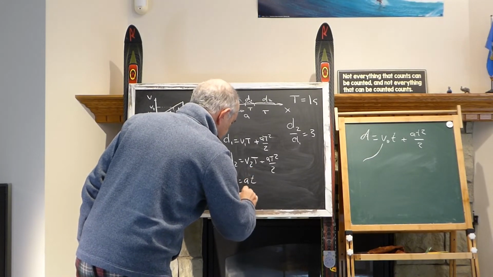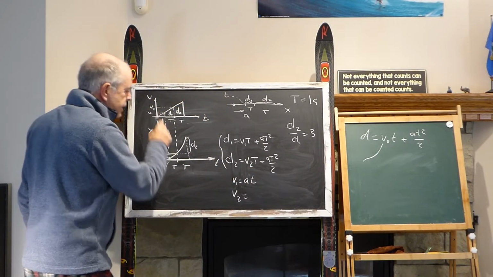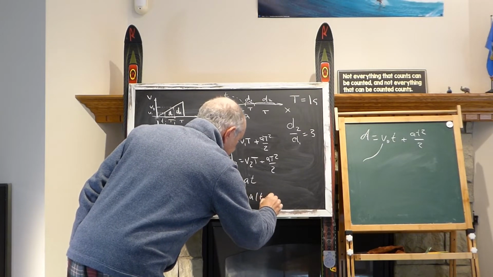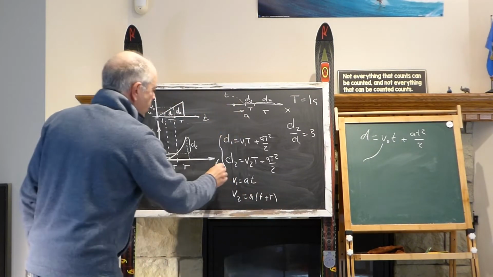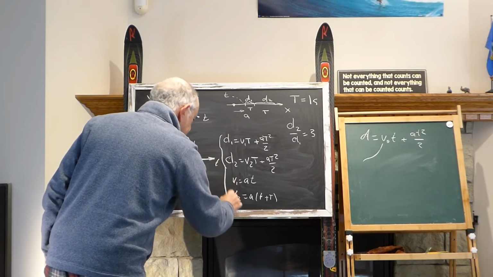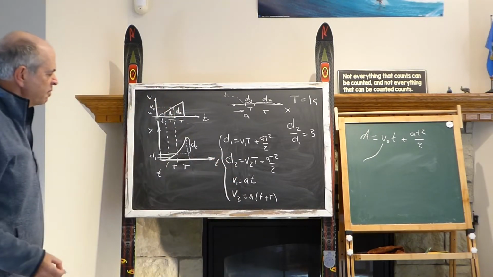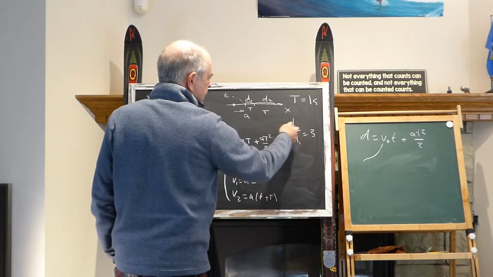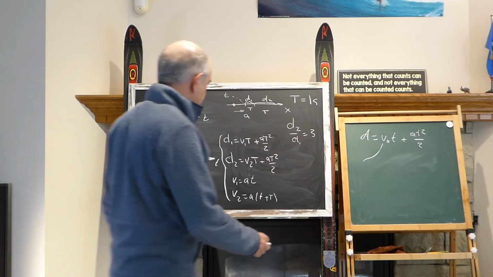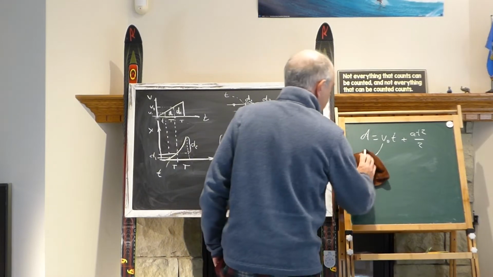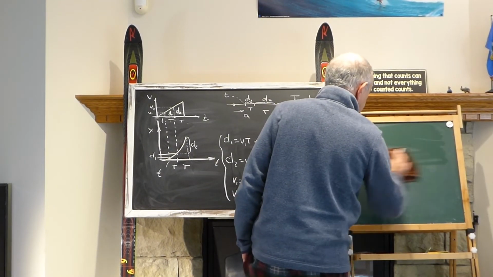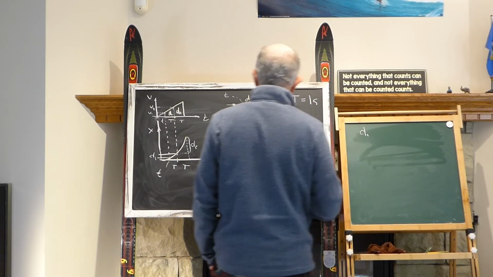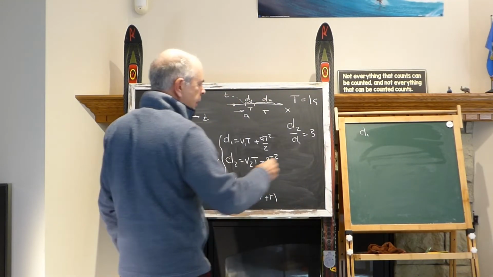And accordingly, v2 starts from the original position, but it travels t plus T. So we can add this, and we have 4 equations, and we should substitute this here, and we should write that this equals 3. And let's continue here. Let's remove this. We have d1, and instead of v1 we write at.